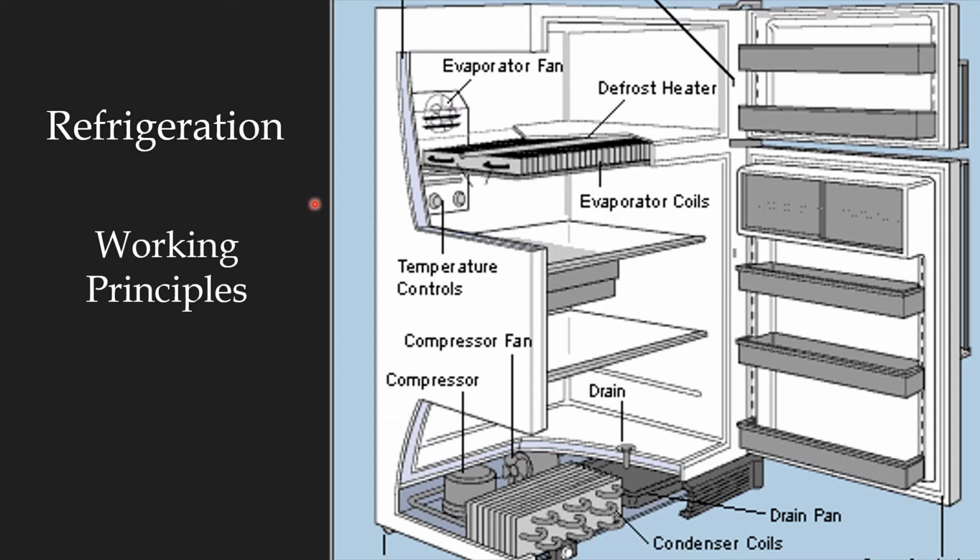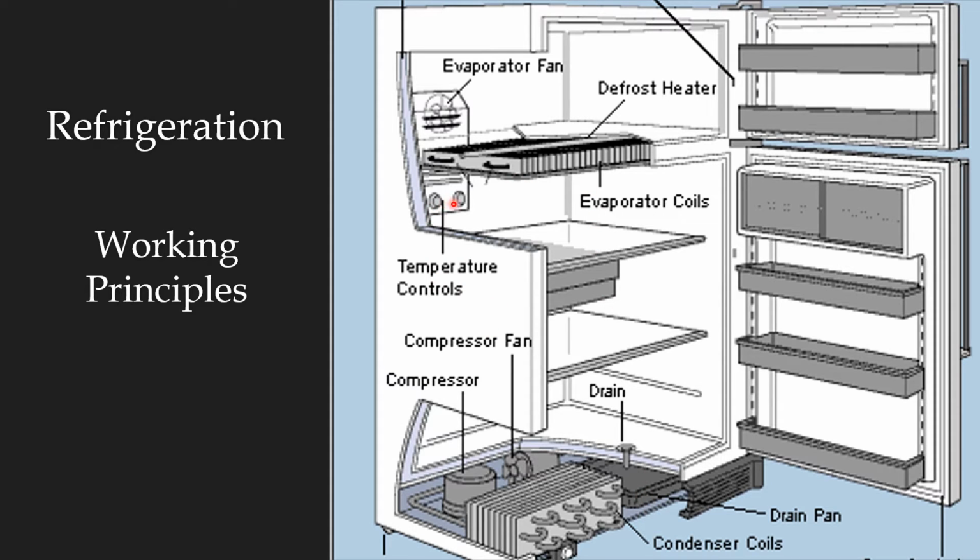Now we can see the parts of the domestic fridge. This is the compressor. It is called a monoblock compressor. Both compressor and motor are in the same place. This is the condenser coil. This is a drain line and a drain pan or drain tray.